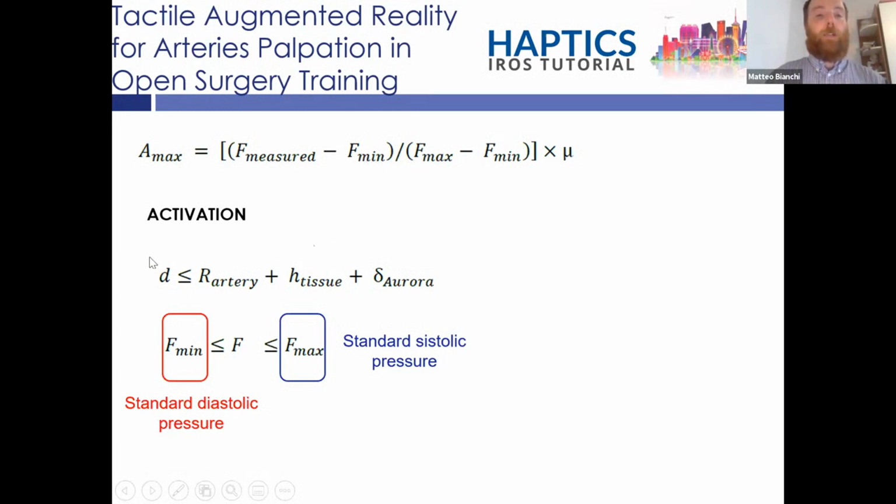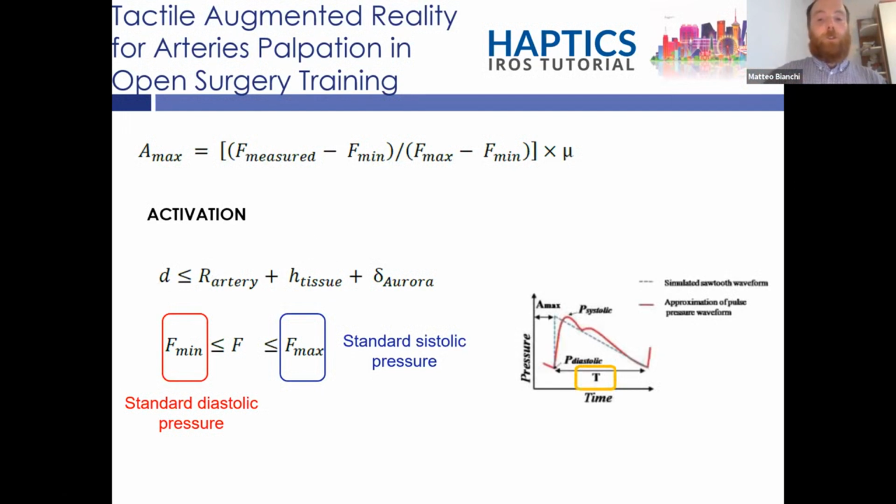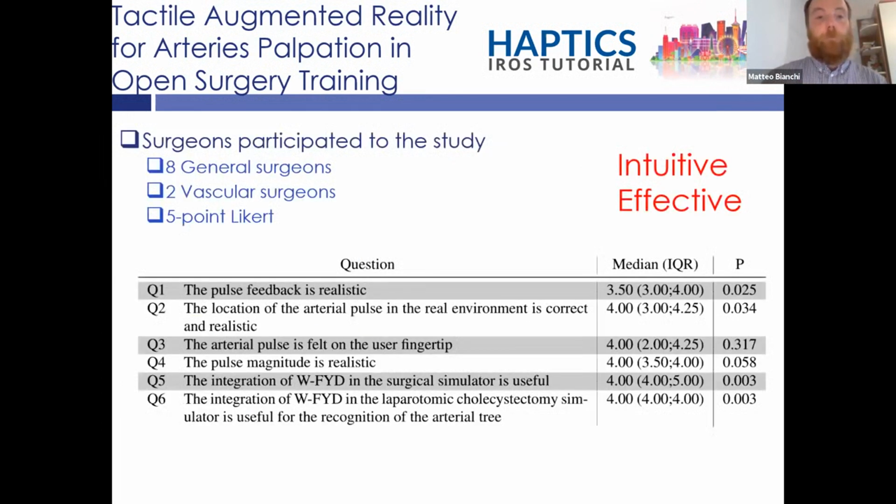And the other activation component was related to the distance of the finger with respect to the artery. And of course, we can control the period of this sawtooth by reproducing different heart rate parameters of patients. And we tested this system.